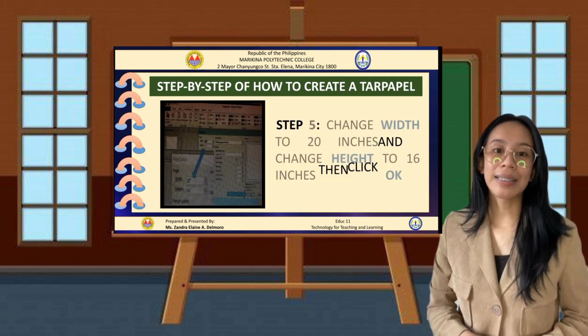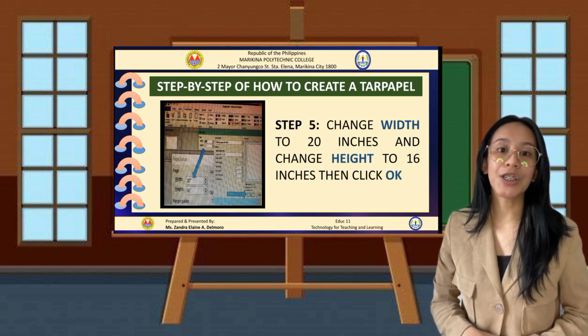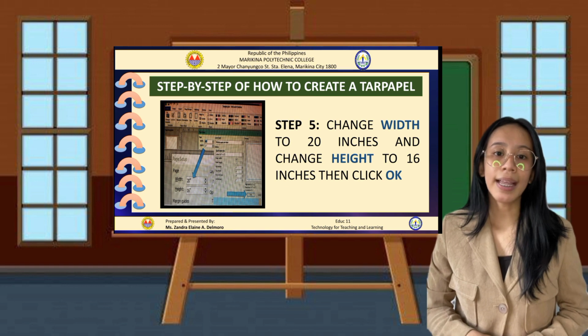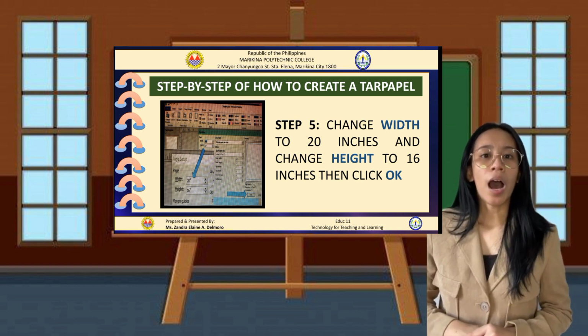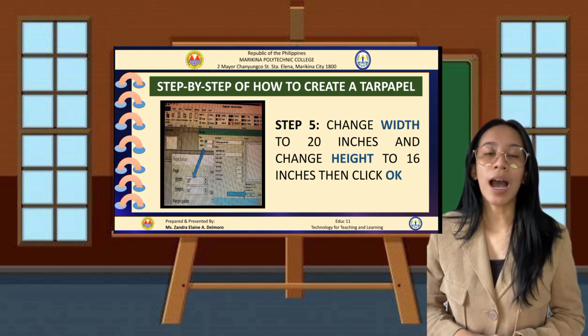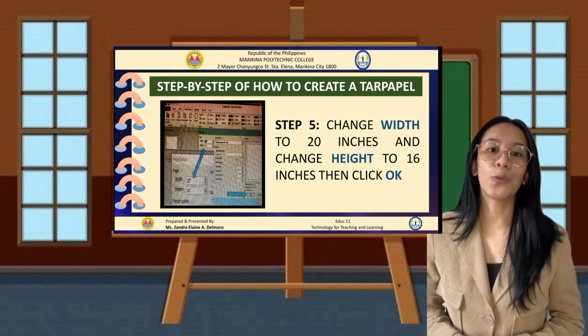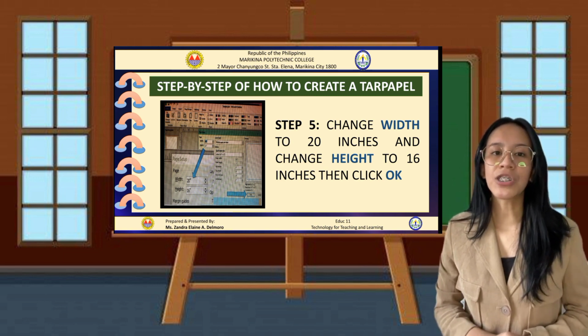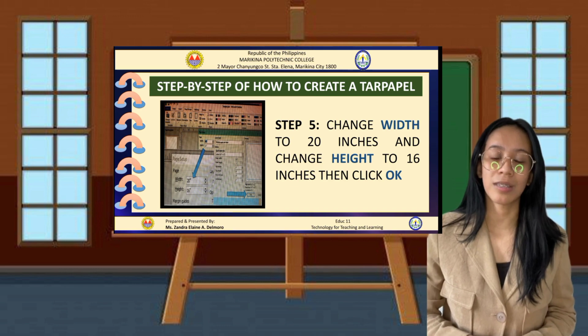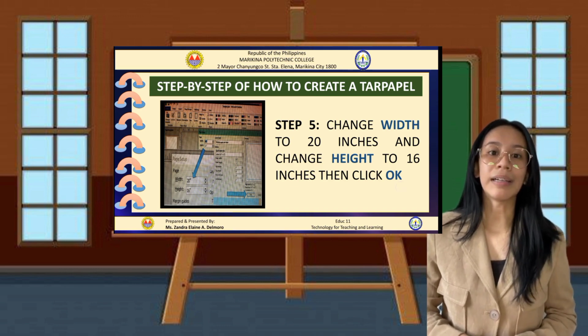In the page setup, you will see the page size in the width and height. Let's say we change the width to 20 inches and change the height to 16 inches. Then click OK.